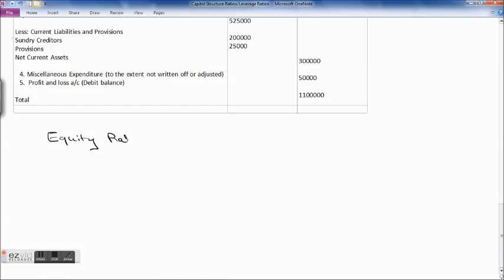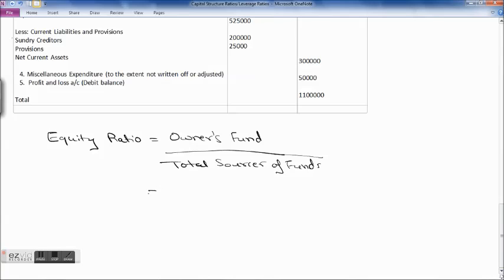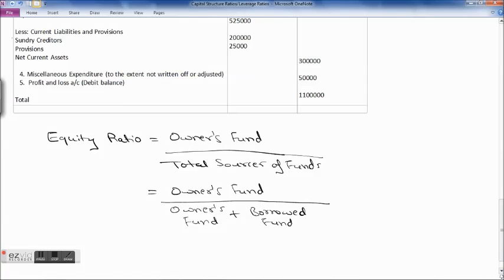Equity ratio is equal to owner's fund divided by total sources of funds, which is owner's fund divided by owner's fund plus borrowed fund.